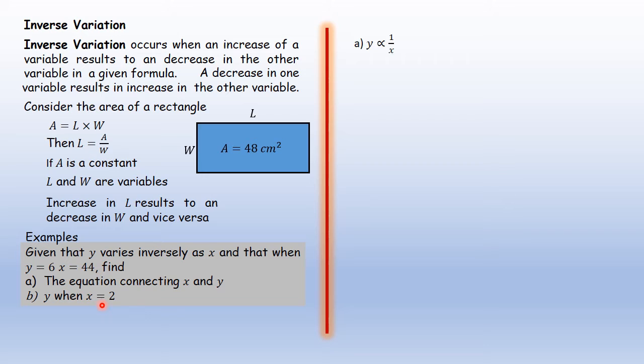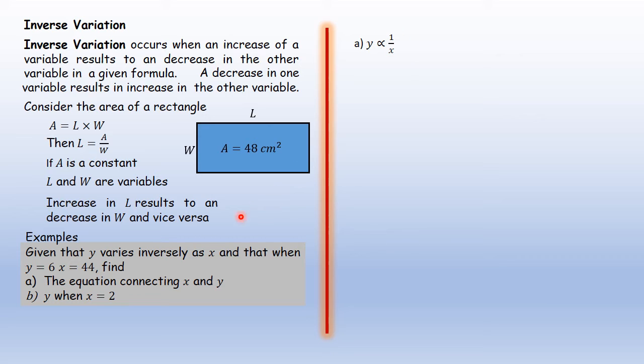Now, as we begin, we need to recall that when we were doing the question about direct variation, we had y, then the proportionality sign, then a value here. This time around, we have y, the proportionality sign, then a reciprocal of the other variable.